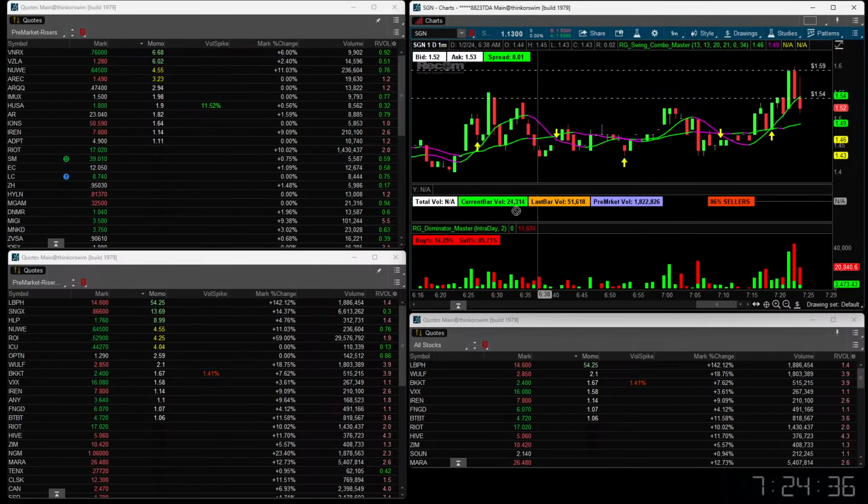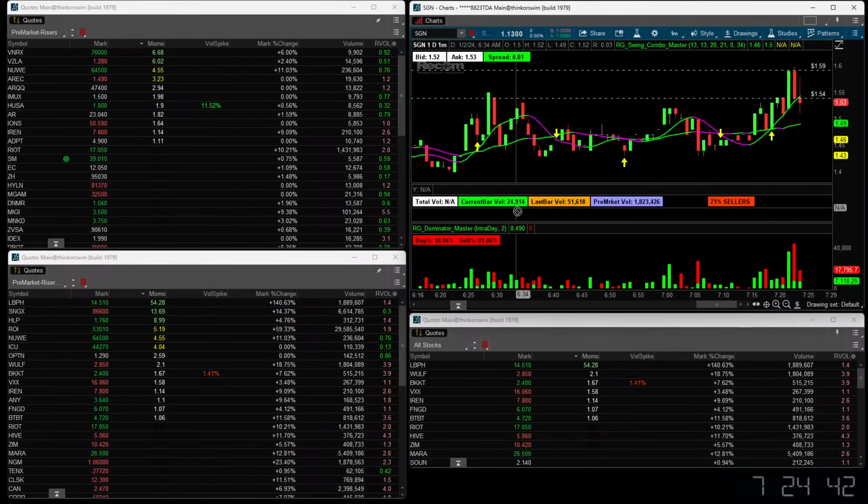That's why I don't like low volume stocks. It only takes one person to sell to drop the candle down. You always need to monitor this current volume bar. If it's not moving, it's not worth it.